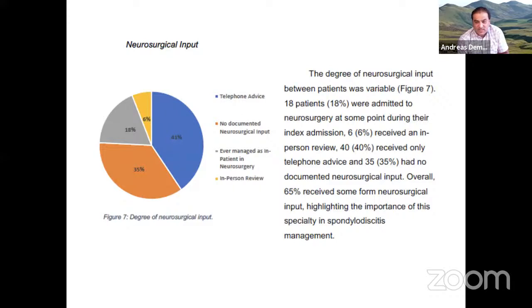Only 18 patients were admitted to neurosurgery at some point. 6% had an in-person assessment, 40% telephone advice, 35% no documented neurosurgical input. And overall, 65% had some form of neurosurgery input, which also means that 35% of cases went ahead without us knowing of their status.